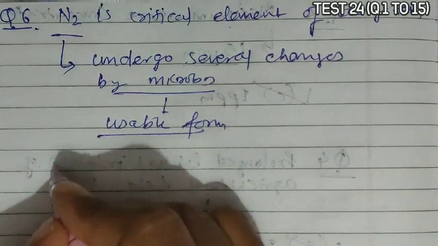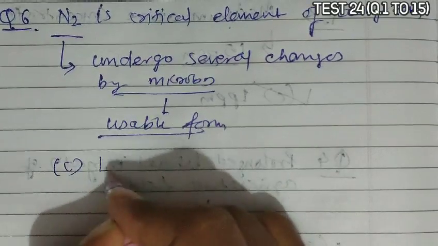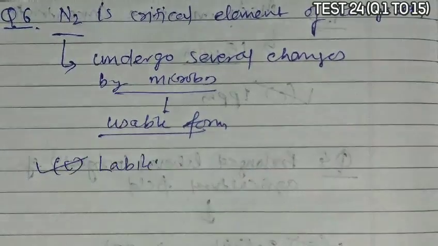So it is critical because it is labile. So C is the correct answer.